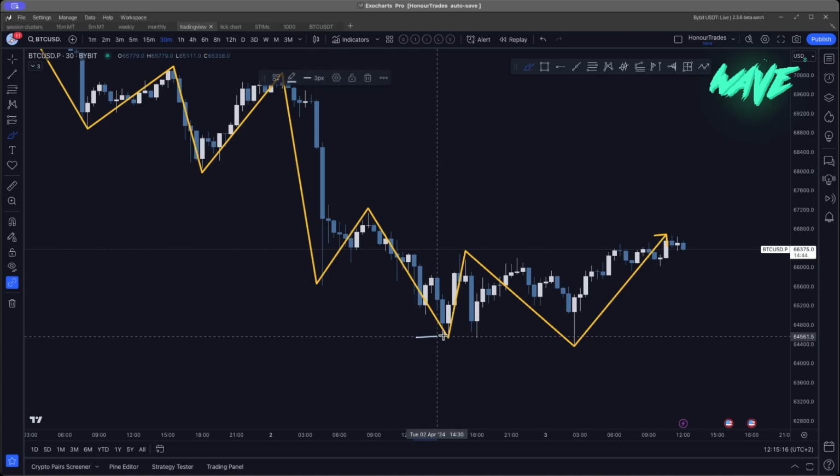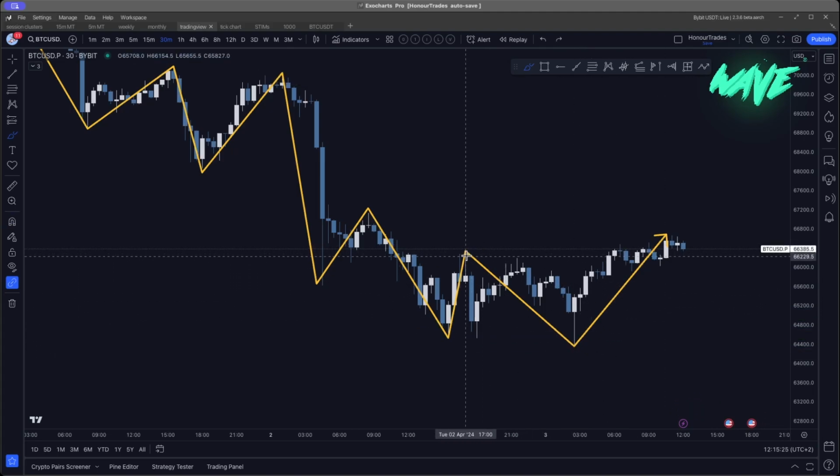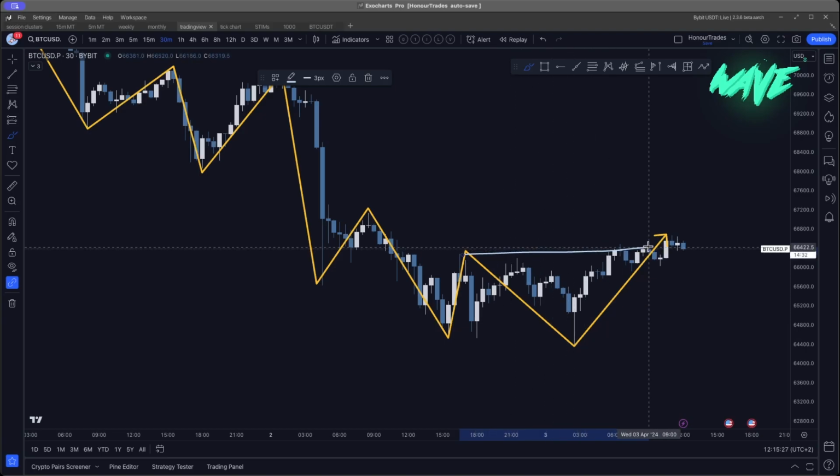So if we are to see any continuation downwards, I would have wanted to see a close below the previous low. Or now in this case, we've had this recent high here.